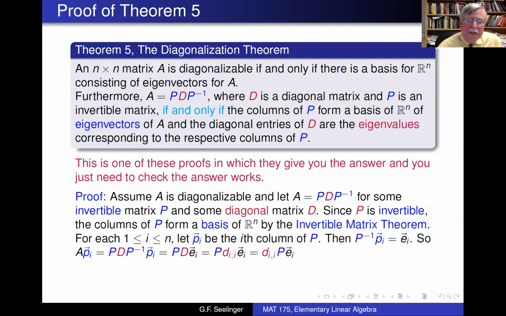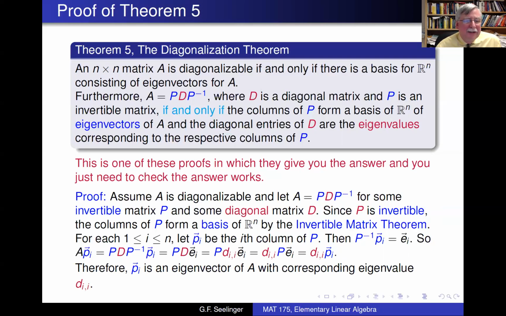And again, P times the ith standard vector is just going to be the ith column of P. And what do we have? We have A times Pi is some scalar times Pi. That's the definition of an eigenvector. So Pi is an eigenvector of A with corresponding eigenvalue dii. So that's going to be the diagonal entry corresponding to it.